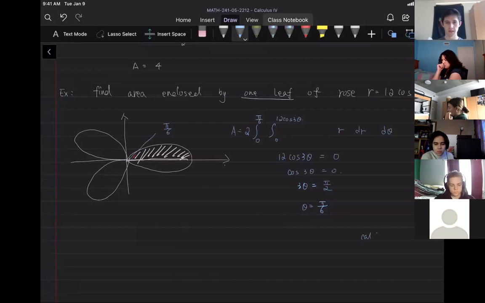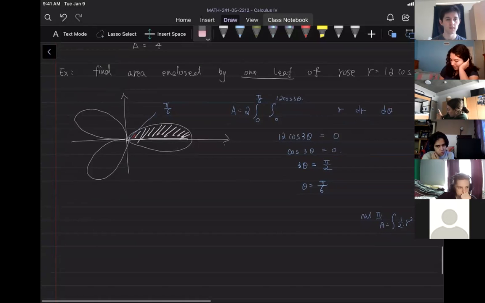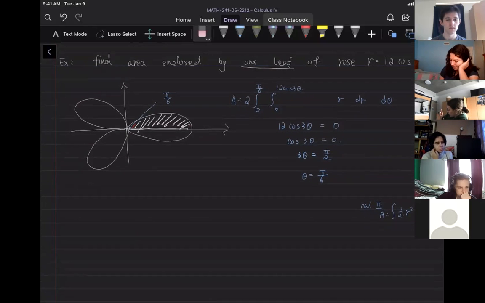For calculus 3, we need to memorize a formula, right? But actually they're the same thing, because when we evaluated that one, that is r squared over 2. So same thing, but here we don't need to memorize. It's just the double integral of dA, which is r dr dθ. So I think I like this way better.